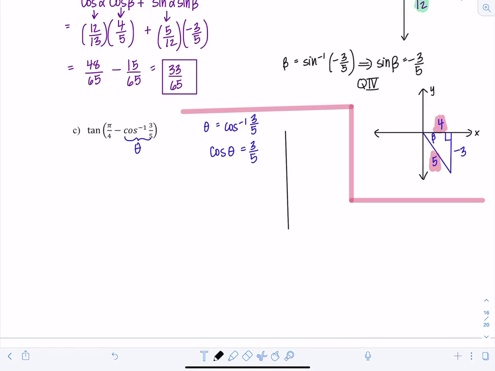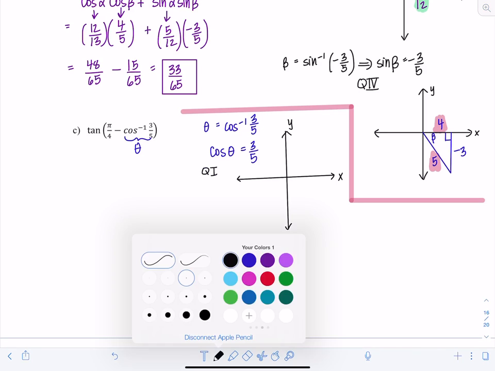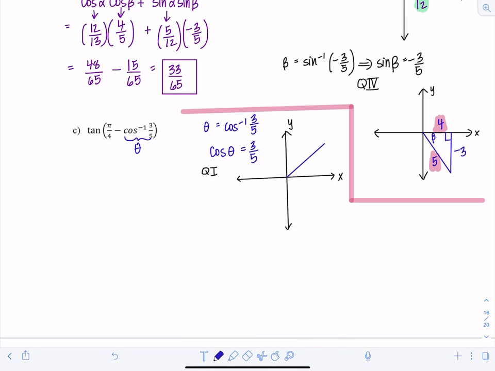This is positive, so this is going to be in quadrant 1. Okay, so I'm going to draw my triangle for theta. Cosine is 3 over 5, so that's 3, 5, theta. Here's 4.